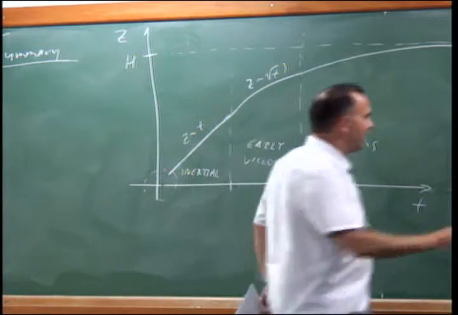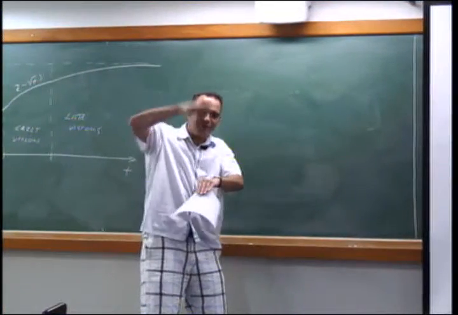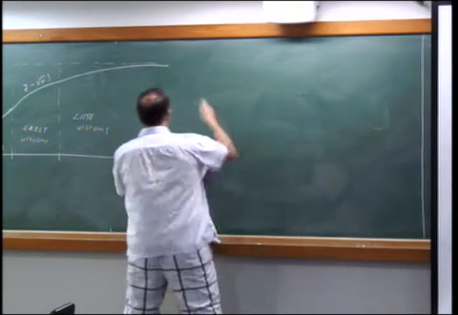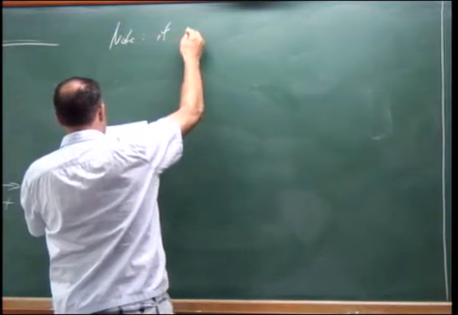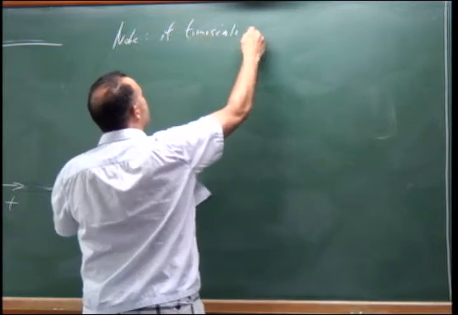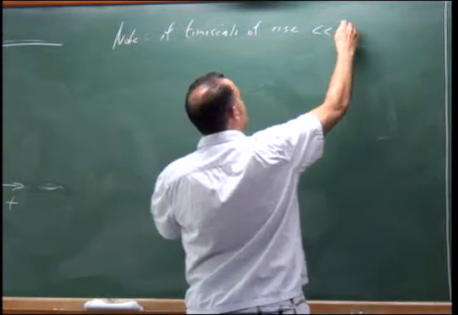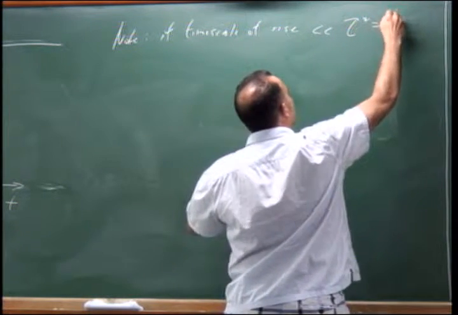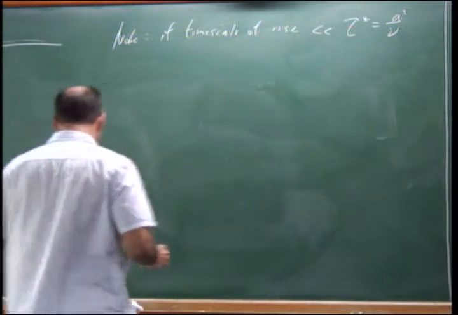And if it does, then it basically overshoots and you get these damped oscillations. Okay? Okay, so this time scale of rise is very quick.